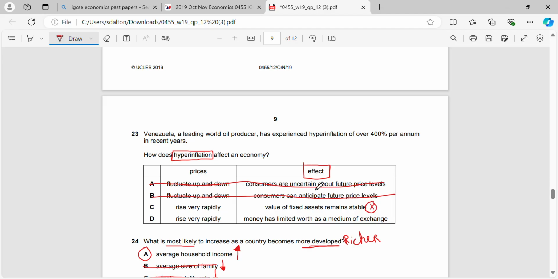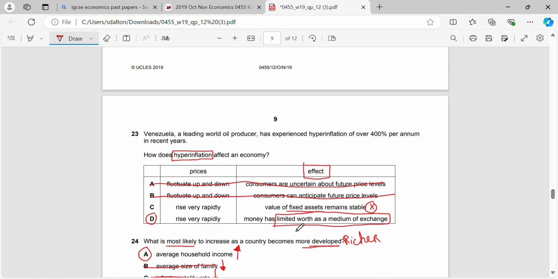Because inflation is going to change the prices of goods and services. So therefore, it's also going to have an effect on the value of fixed assets. But what will happen is that money has limited worth as a medium of exchange. So it reduces the worth of money to use as something that we can exchange for goods and services.